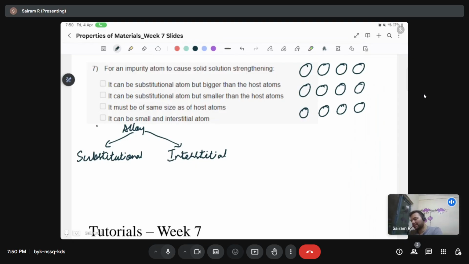So what is substitutional? If this is my host atom, then what is substitution? I have a series of pens of the same kind here. What I do right now is I'm substituting this pen for something else, right?